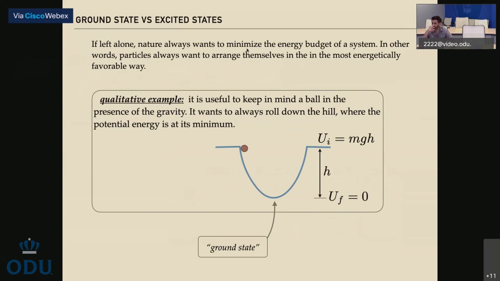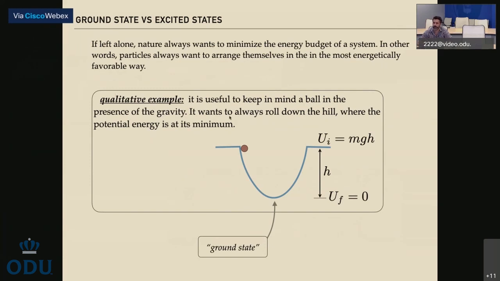Particles eventually want to arrange themselves in such a way that is most energetically favorable. Qualitatively, the ground state corresponds to the minimum energy that I can give a particular system, okay?